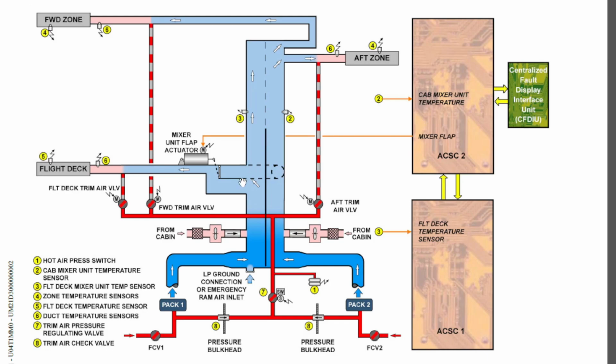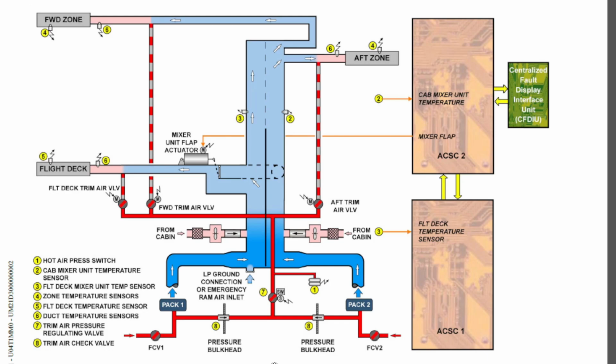So you can see that the mixer unit has how many? 3 outlets, mainly 3 outlets, right? I told you that when it comes to the air conditioning system on the A320, the supply to the cabin is based on 3 zones.